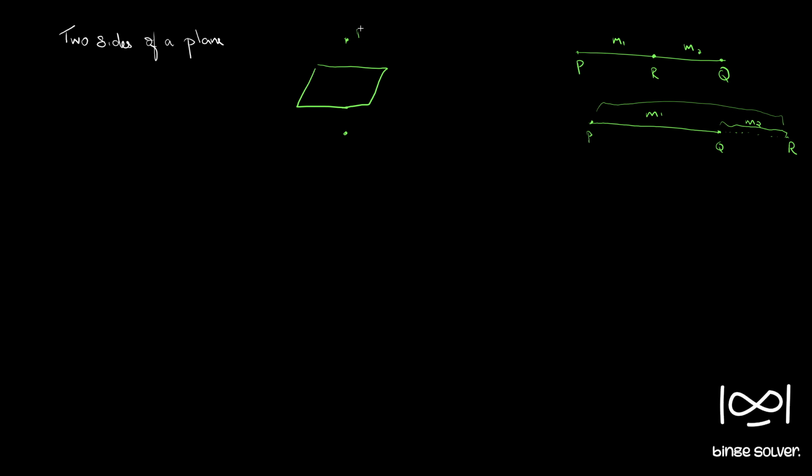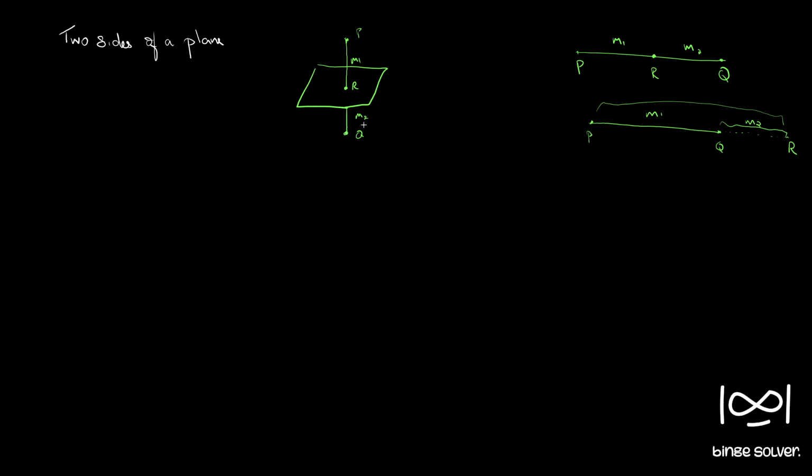So we have two points P and Q and a plane, and we draw a line joining PQ which intersects the plane at R. Suppose R divides the line in the ratio m1 is to m2. Using the same concept, if m1 by m2 is positive, R intersects the line PQ internally, so the two points lie on opposite sides of the plane.